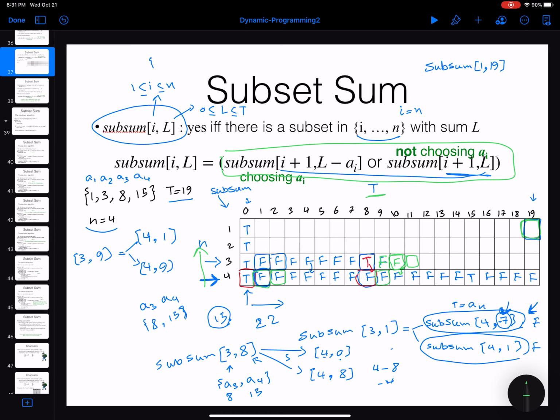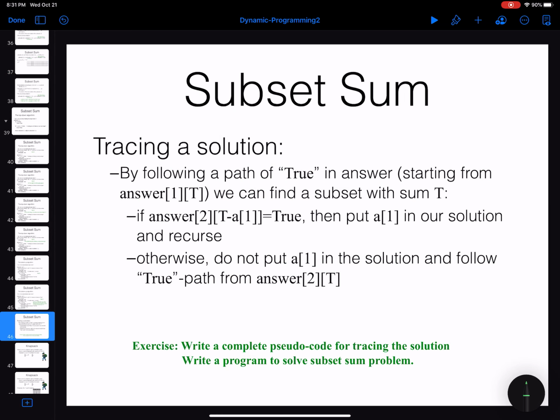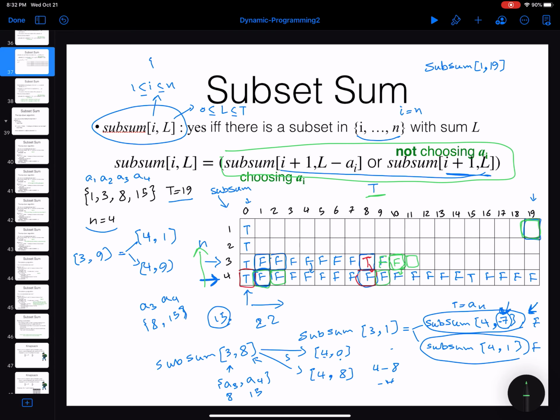But one thing is that not only do we want to know if the answer is yes or no, we also want to have that set of numbers. How can we find that set of items, that set of numbers? We can basically do some search over this table. If this answer is true, you can just trace where this answer is coming from.